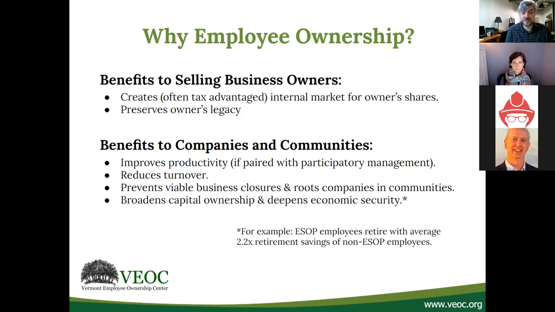And particularly when that ownership is paired with forms of participatory management, information sharing, open book management, that sort of thing, it gives people a line of sight from their particular job to the overall performance of the company, and how that overall performance will come back and benefit them. That's where the magic really happens, and you can see significant productivity improvements on average in companies in a wide variety of sectors.